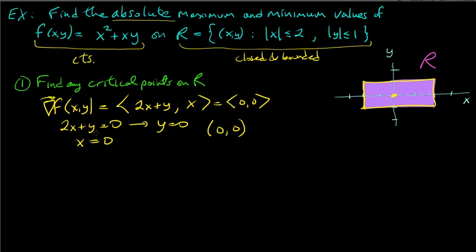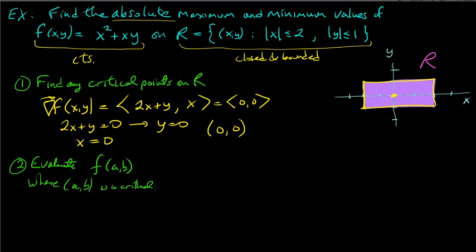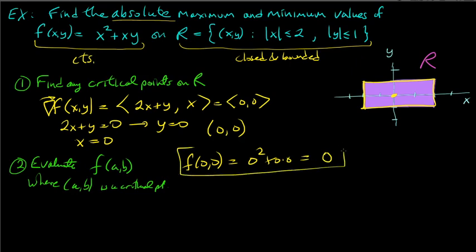Okay, so the second thing to do is to evaluate f at any critical point (a, b). So just plug 0, 0 into f, and you get 0 squared plus 0 times 0, which is just 0.